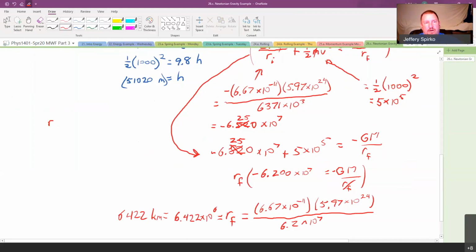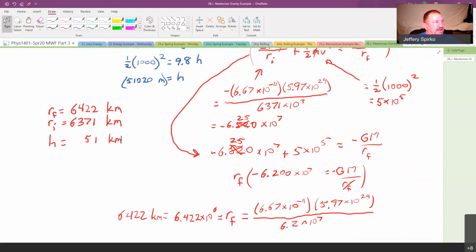Now remember, our initial was 6371 kilometers. Our final is, let me write it above so I can subtract, 6422 kilometers. So height by this method is, that's a 1, 12 minus 7 is 5, and we get almost the same result.